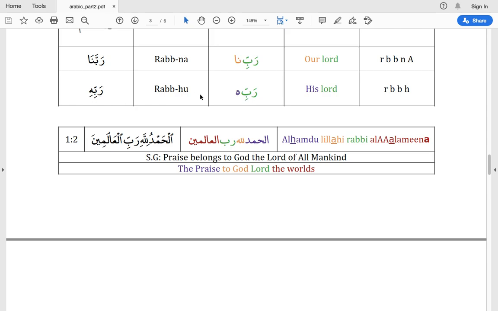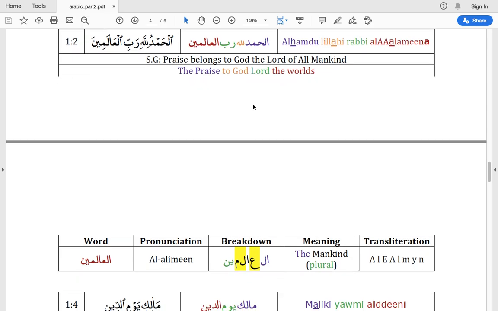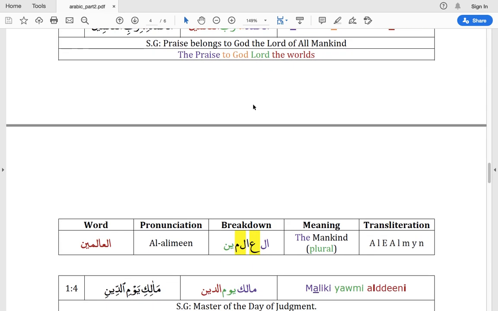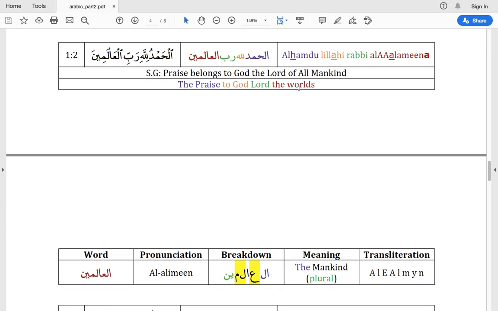The Ra, Ba, Ba part comprises the root, which gives the meaning Lord, and then ha means his. Moving forward, we have al-alamin. Brother Garens is translating this as praise belongs to God, the Lord of all mankind. And the literal translation is the worlds.